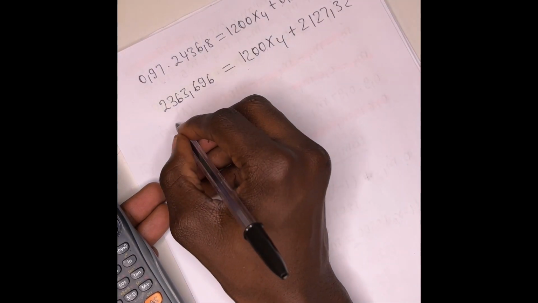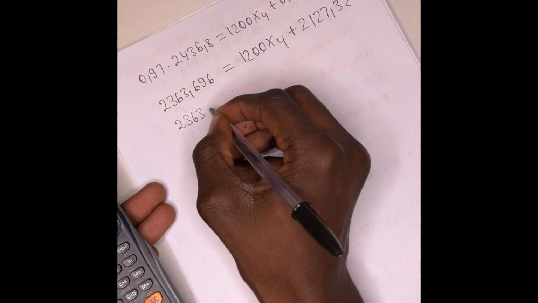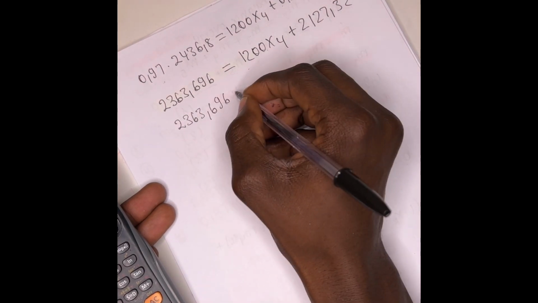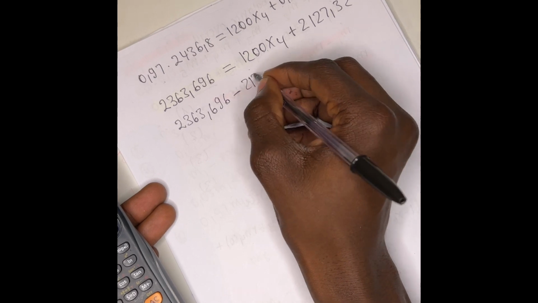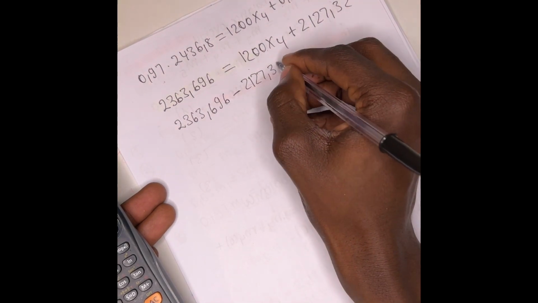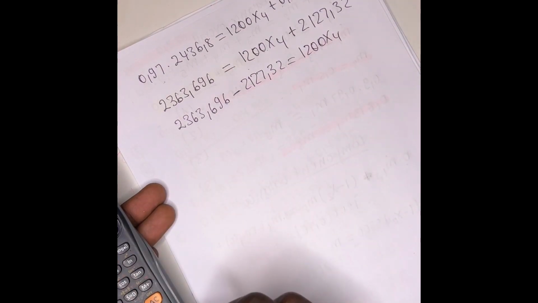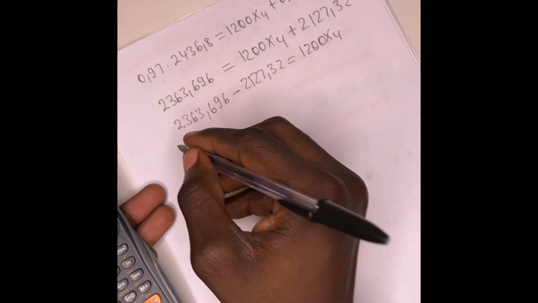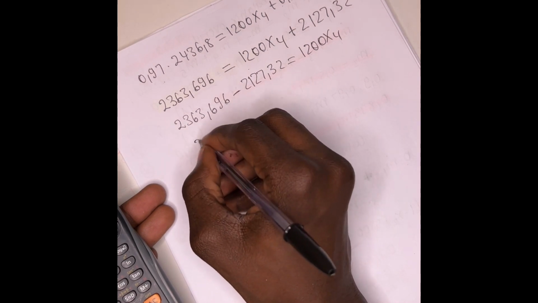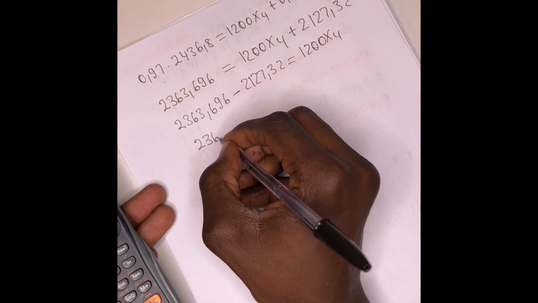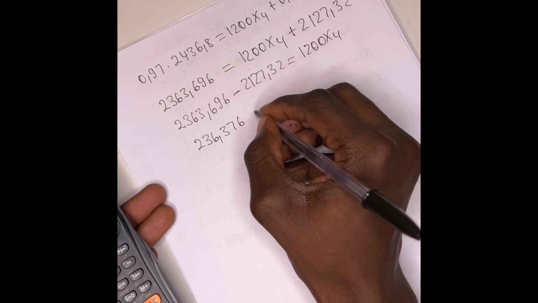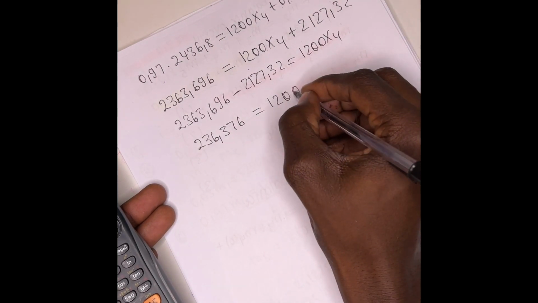It means this term is going to come to this side. We're going to have 2363.696 minus 2127.32 equal to 1200x4. We take that number minus 2363.696, and we're going to find the positive answer, which is 236.376, equal to 1200x4.